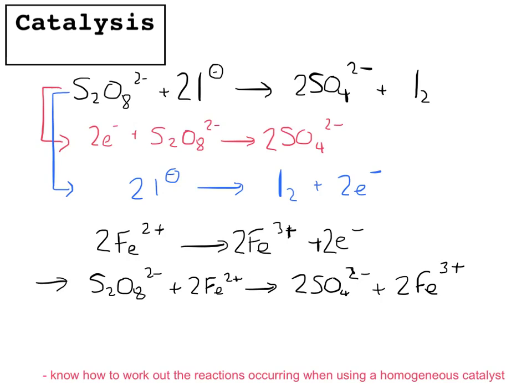You can then draw the other catalyst equation, the Fe3+ turning back into the Fe2+. To do that, I'm just going to modify the catalyst equation that's already drawn.